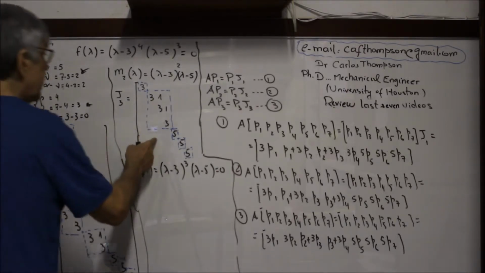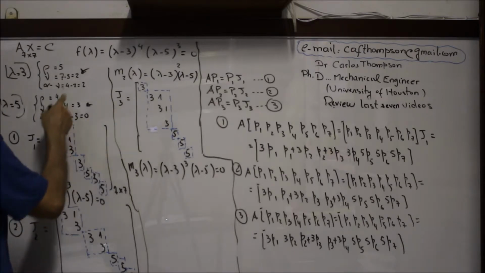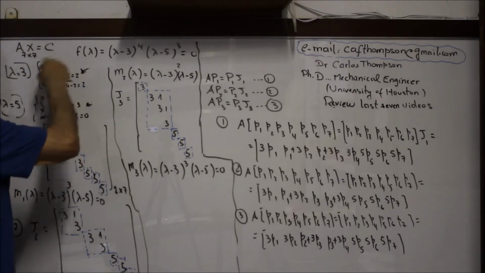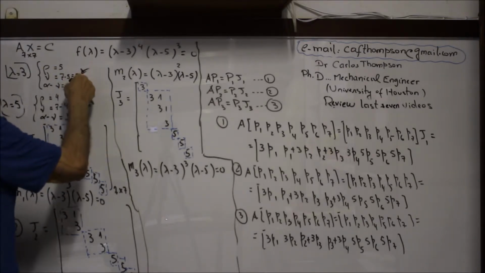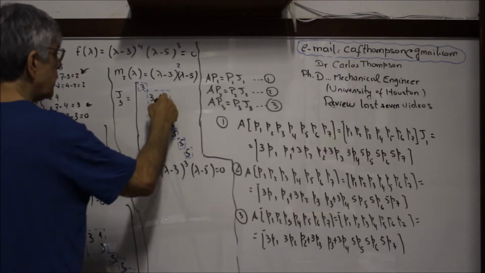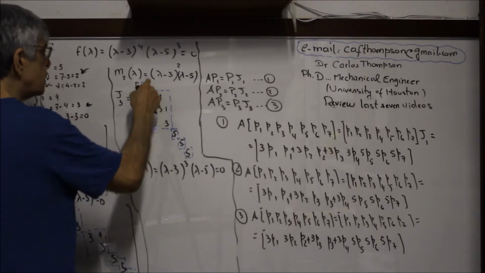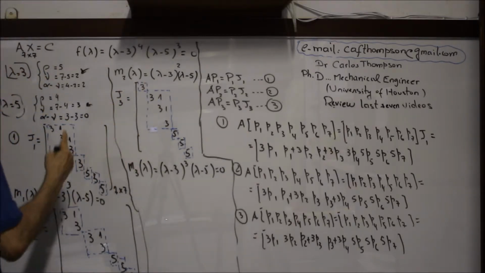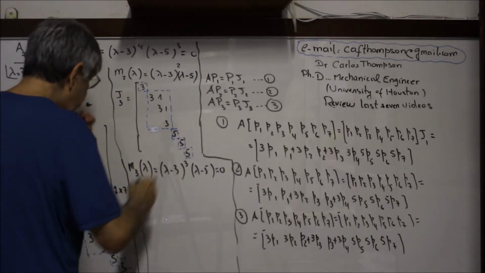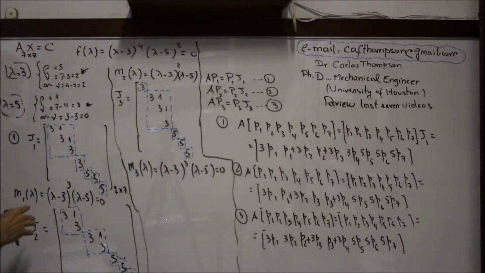Now, in the third case, we still have 2 blocks, because we are not changing this. Now this ni is 2 blocks, this 1 here and 1 here. This is another block, this is 1 block, and this is another block, 2 blocks. Now for lambda equal to 5, they are the same.